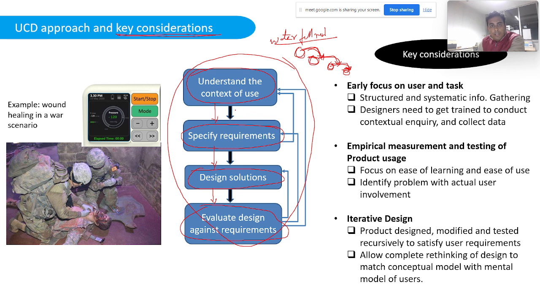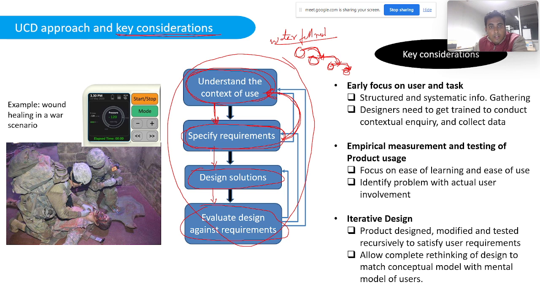It's natural that when you form a set of requirements, you may have missed certain information in your contextual inquiry. So later, when you get to know those contexts, there should be the possibility of going back to those scenarios, understanding them, and reiterating your requirements. A user-centric method demands that requirements be recursively modified.